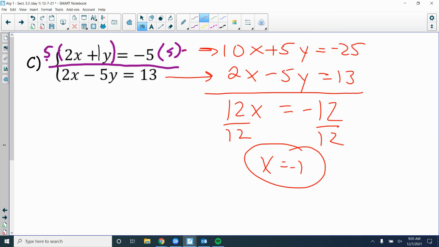Now, which one makes sense? Let's plug into the original equations over here. Which one makes sense to get y? Top or bottom? It doesn't matter. Which one looks like it's easier to get y? First one, right? And I'm not going to plug it into this one, the original one. So I'm going to rewrite my original equation, and I'm going to put negative 1 in for x.